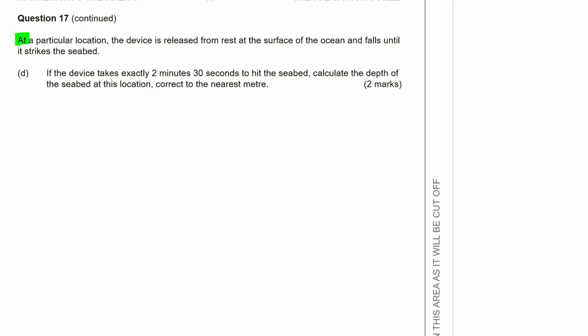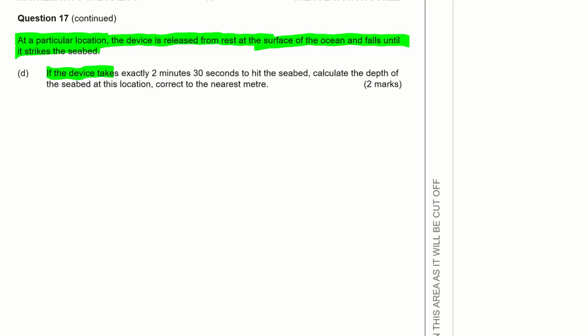So, at a particular location, the device is released from rest at the surface of the ocean and falls until it strikes the seabed. If the device takes exactly 2 minutes and 30 seconds, that is 150 seconds, to hit the seabed, calculate the depth of the seabed at this location, correct to the nearest meter. And we know that the velocity is always negative, so it's not going to change direction at all.